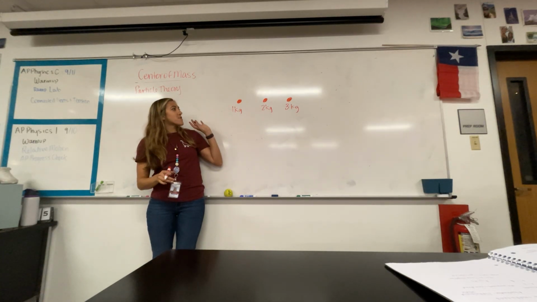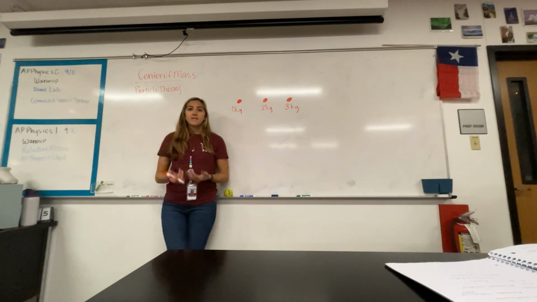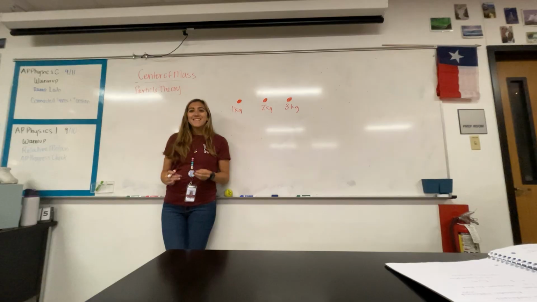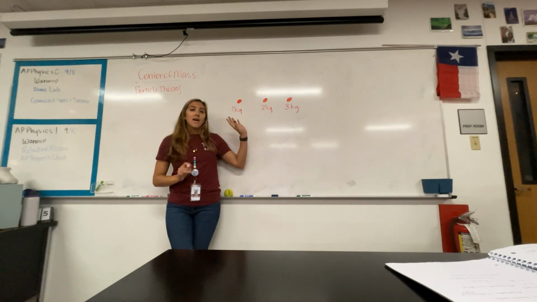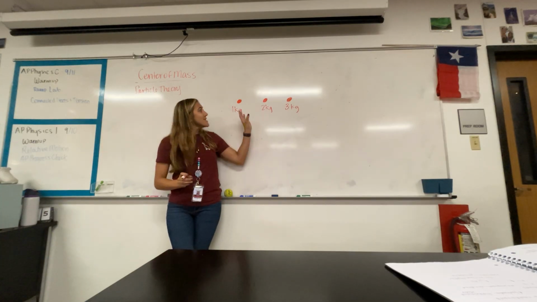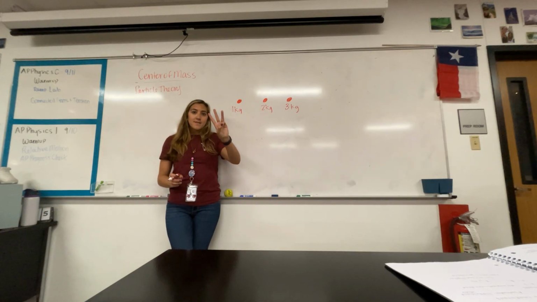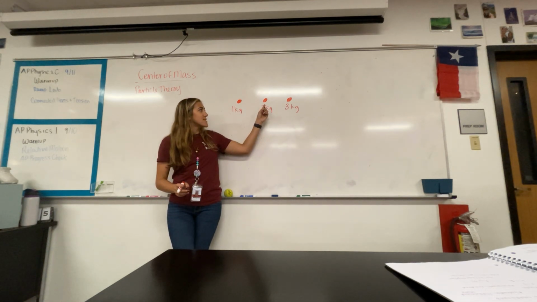I want to find the center of mass for this system. It's not a single object, but I want to treat it like a single object. I can still use particle theory to do that. Again, as long as it doesn't change the physics of what I'm doing, I can treat this system of 3 objects as a single object at its center of mass.